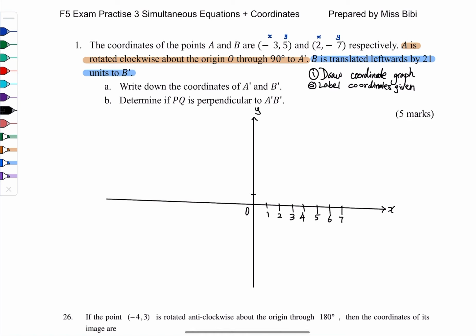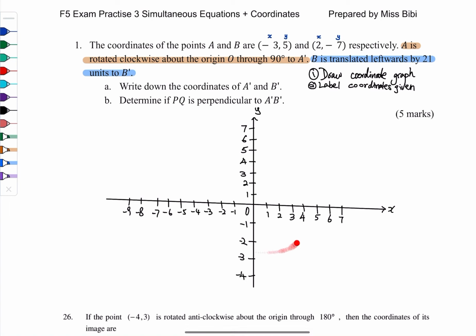Also for the y's, 1, 2, 3 going up, and the negatives, -1, -2, -3, -4, -5, -6, -7, -8, -9, and so on. Because I don't have enough space, I'm not writing everything. Even for this one you have -1, -2, -3, -4, and so on.